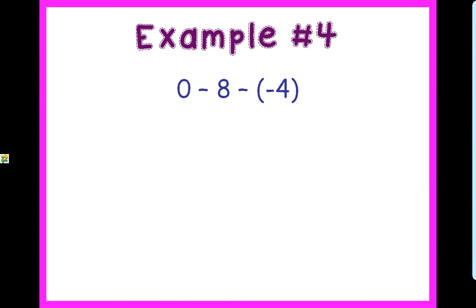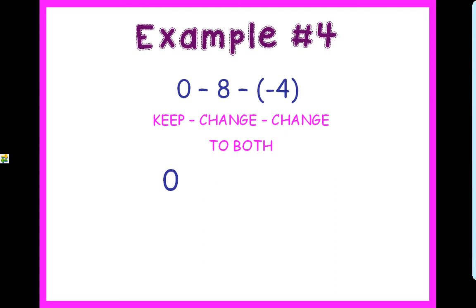Example number 4. Once again, you're going to see problems like this where you have more than 2 numbers that you're adding or subtracting. We're going to first keep, change, change to both of these. This is a little different than whenever we were adding because you've got some more steps to do. So we're going to keep that 0, change the minus to a plus, and then that 8 becomes a negative 8, its opposite.